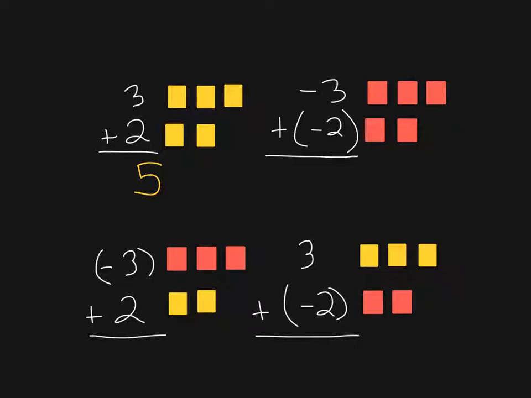On this next example, I have -3 plus -2. They're all red because they're all negative. -3 would be 3 reds, -2 would be 2 reds. Count them all up, and I have 5 reds, so my answer is -5. So this helps us see our rule for adding same sign.